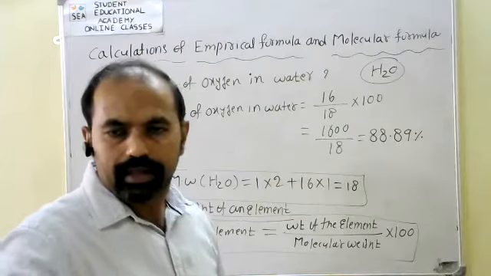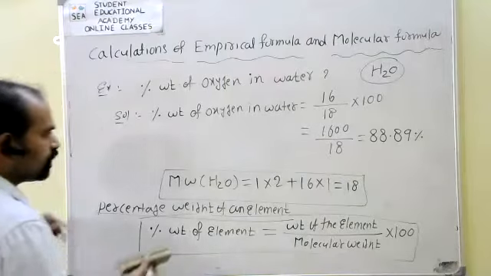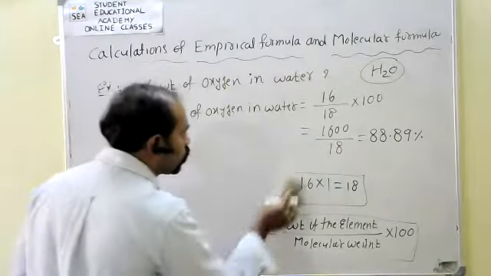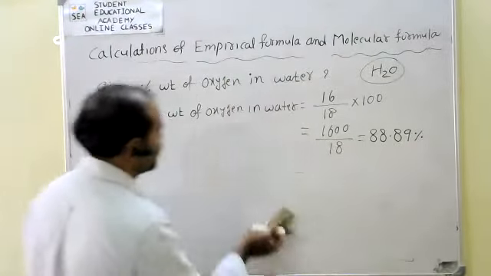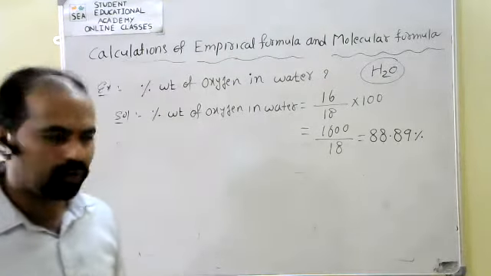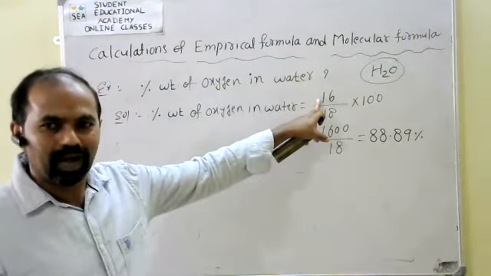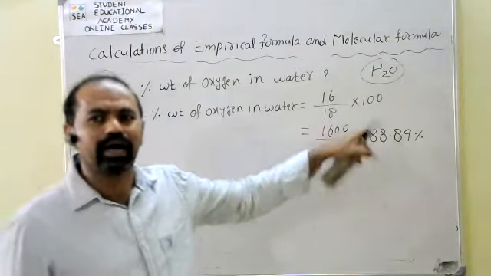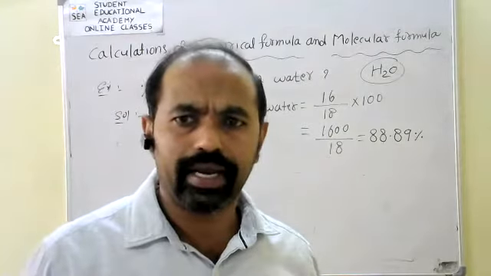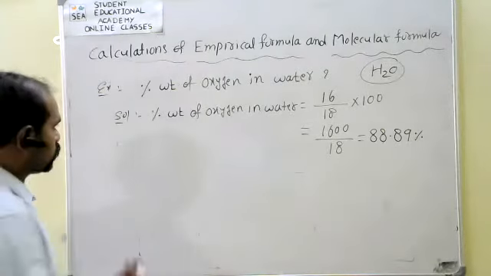Otherwise, for the same water, the percentage weight of hydrogen is weight of hydrogen upon molecular mass into 100, which gives 11.11 something.